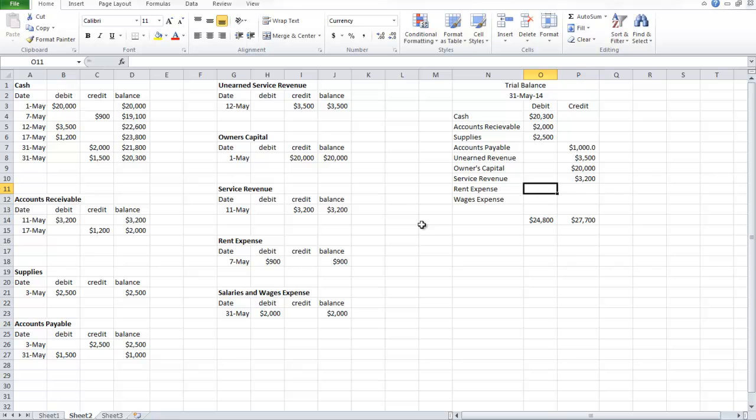And then we also debit our expenses. Okay, so our total debits equal our total credits, so meaning that we journalized the transactions correctly. And that is the end of problem 2-2B.